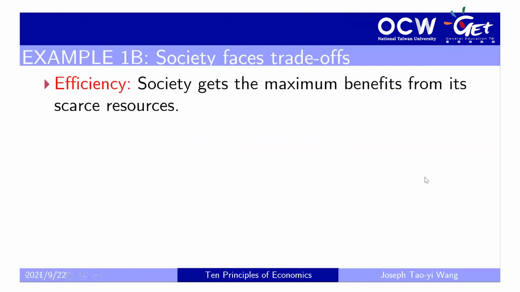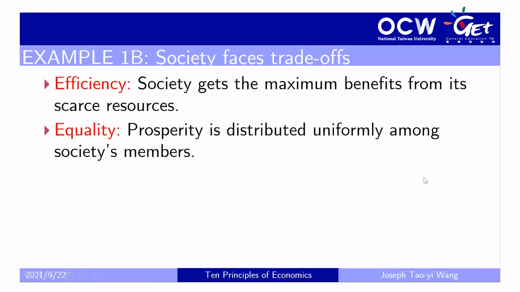Going to a broader view, you would see that societies also face trade-offs, because to maximize the benefit of scarce resources, you might want to care about efficiency. But then you say, wait a minute, if all of this is produced and given to only one person, that's not fair. So you may also care about equality. Is prosperity evenly distributed across people in the society?